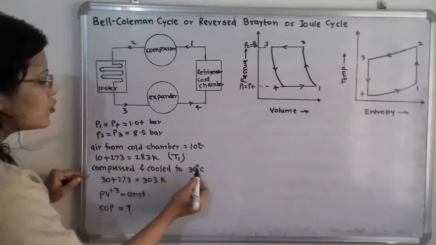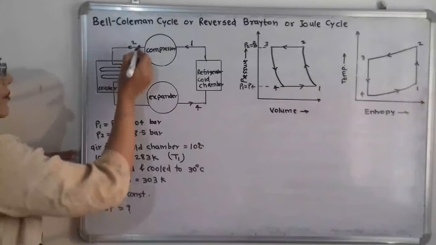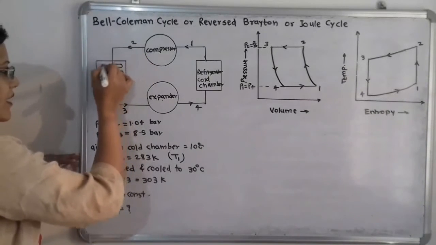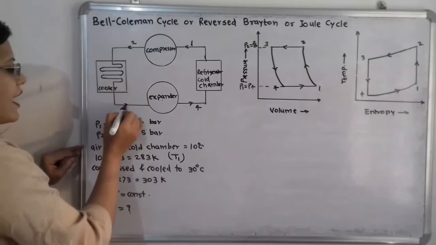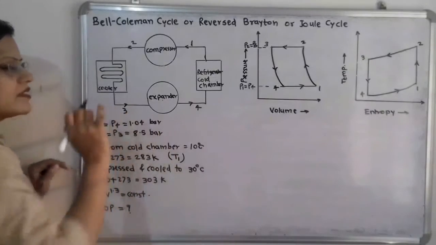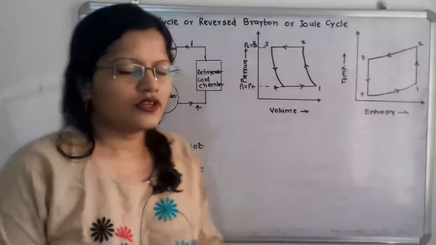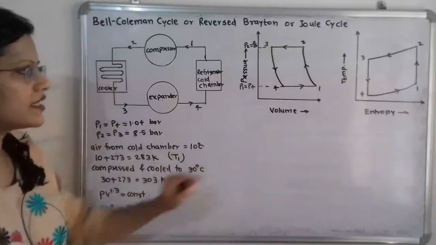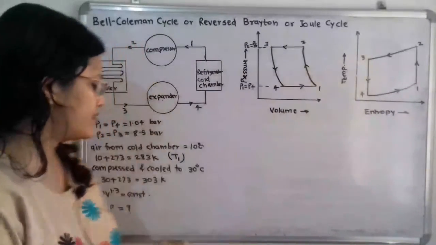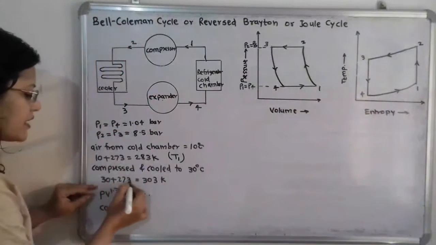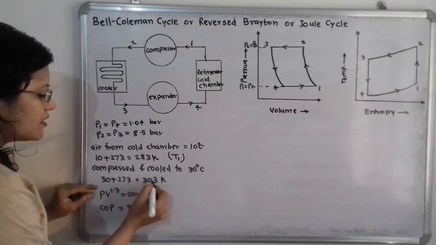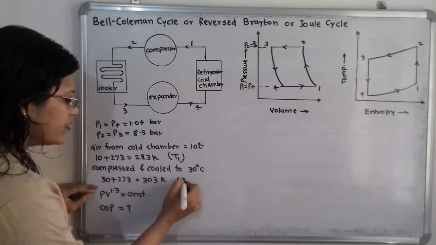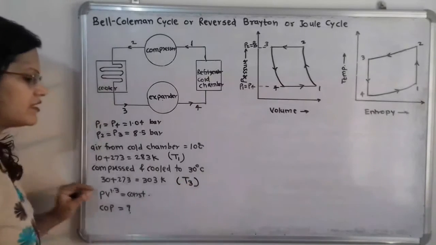After that it passes through the cooler, and at point 3 it becomes 30 degrees Celsius. So the temperature at point 3 is 30 degrees Celsius. 30 plus 273 is 303 Kelvin, which is the temperature T3.